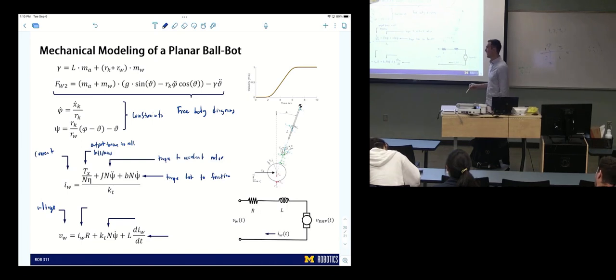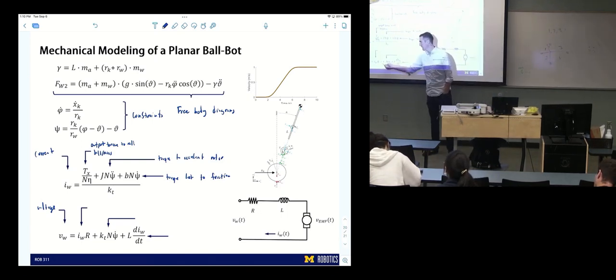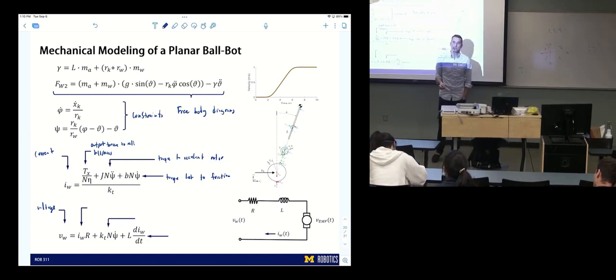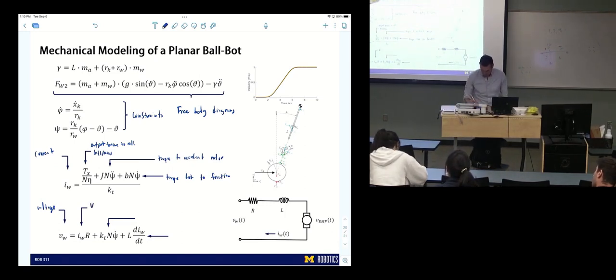What do we have here? We're going to do the same thing with voltage. What is this? Voltage drop across internal resistance. Yes. What's this?